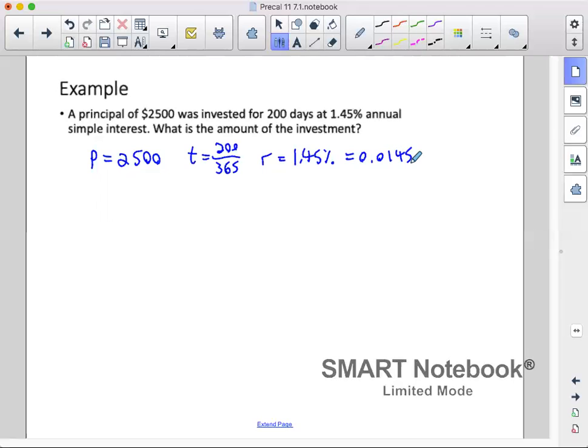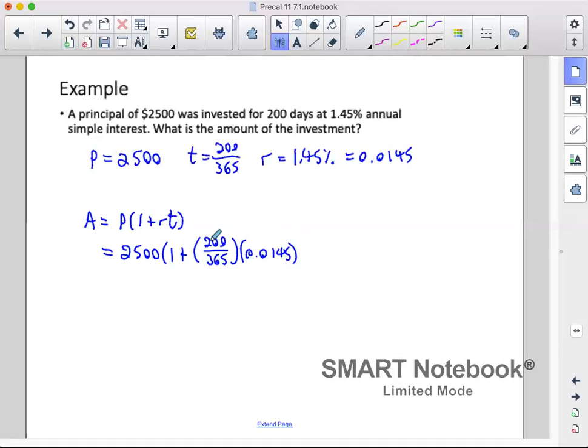Now choose an equation that has all those variables in our total amount. So that would be A is equal to P times 1 plus RT. Substitute in our values. So we have 2,500 times 1 plus 200 over 365 times our R value of 0.0145.